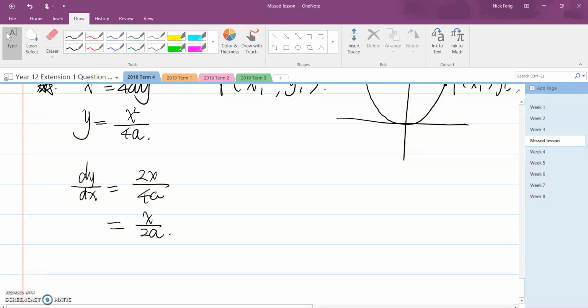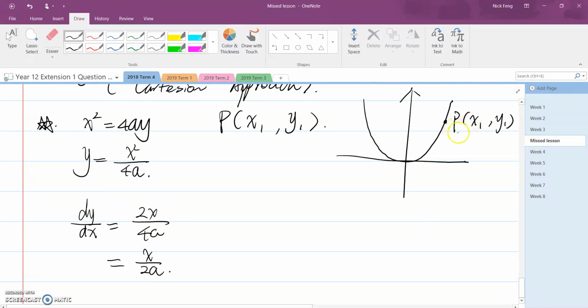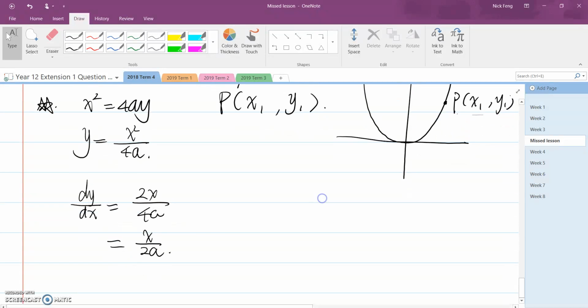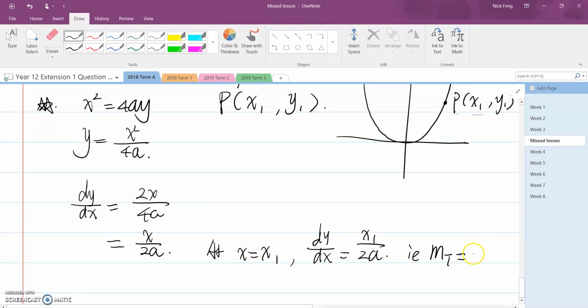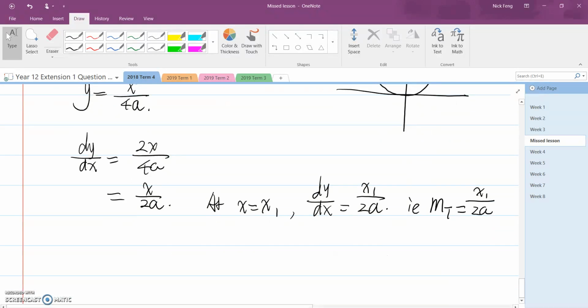We need to find the actual gradient at this specific point. So at x equals x1, the derivative equals x1 over 2a. In other words, the gradient of the tangent is x1 over 2a, not just x over 2a, because x1 is in fact the x coordinate of your point P.